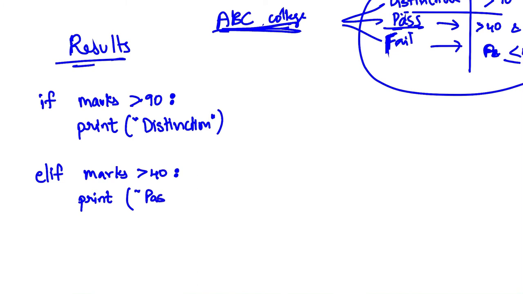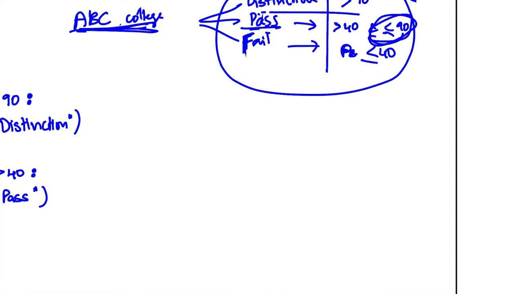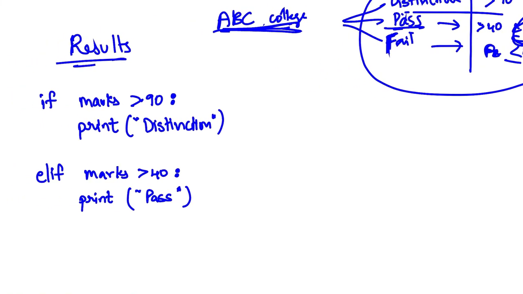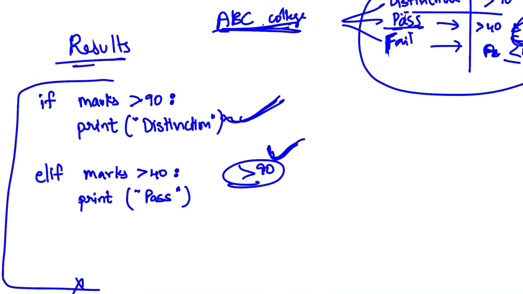See, I have not included the less than or equal to 90 statement over here. The reason is very simple: we don't need to include it. If the marks are greater than 90, the student gets the distinction and this entire ladder is exited.